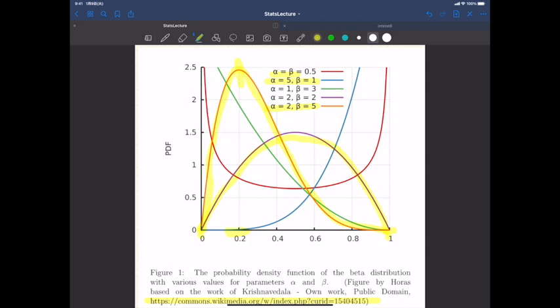For example, when alpha and beta are both 2, then it's a symmetric distribution around 0.5, this one. If beta is larger, it's shifted towards 0, and if alpha is higher, then it's shifted towards higher values of x.